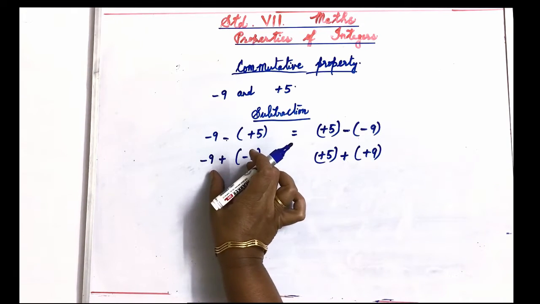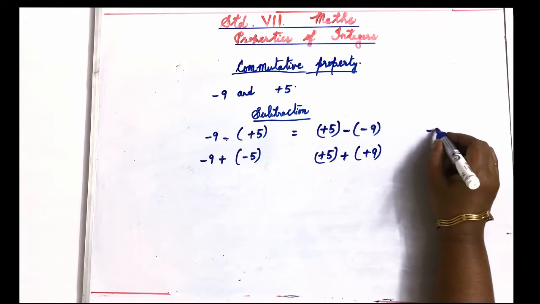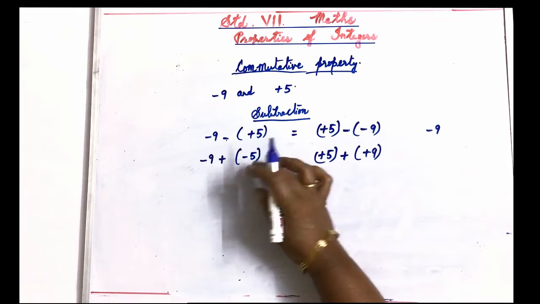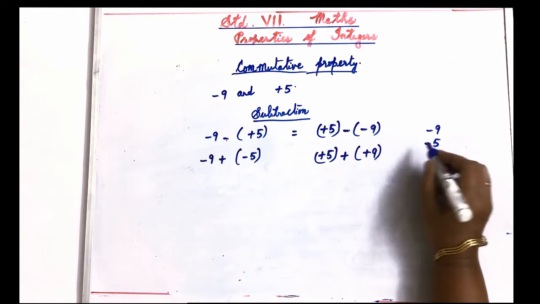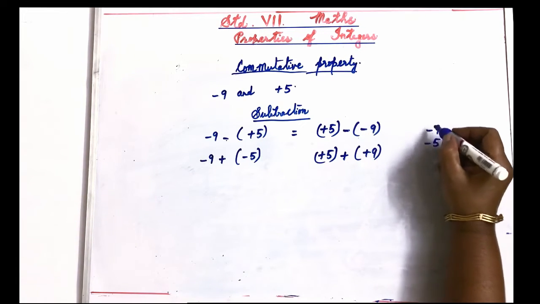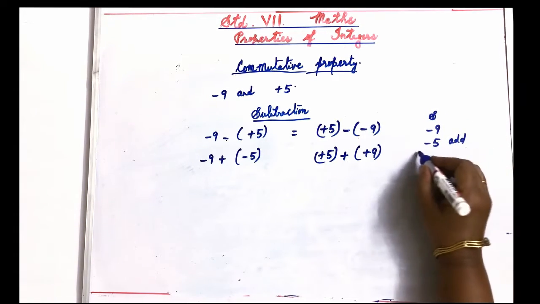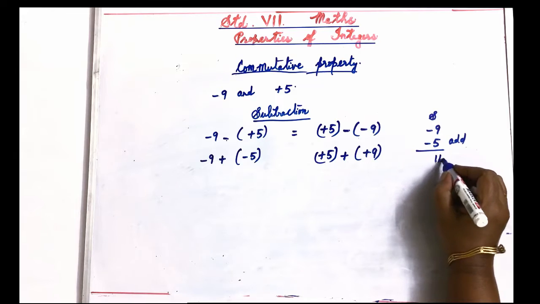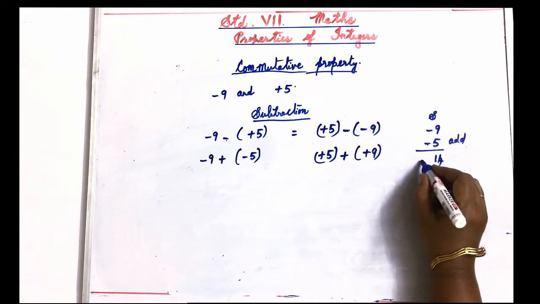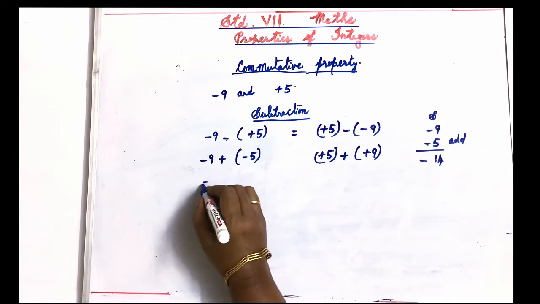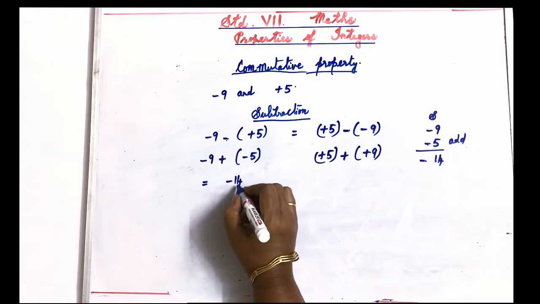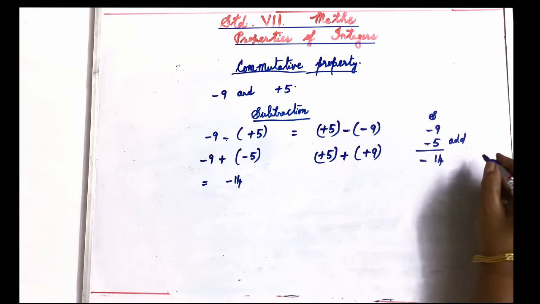So now we will find out the answer for this. First integer is minus 9 and second one is minus 5. Now we have to add. Here sign is same sign. So we should add. 9 plus 5 is 14. Both are minus. So we have to write minus sign. So this side answer is minus 14. Now we will add these two.